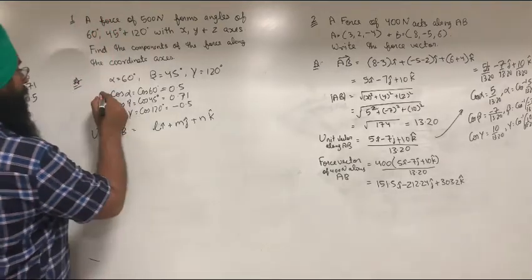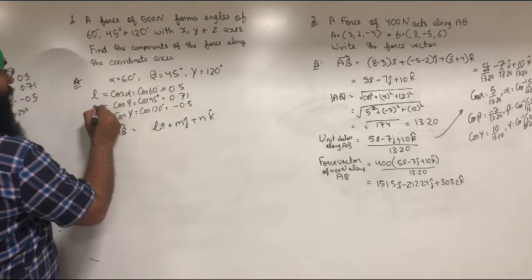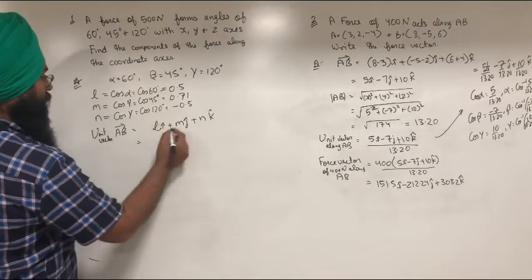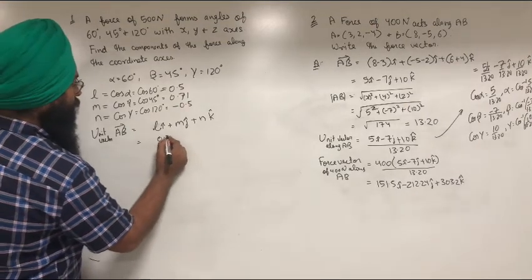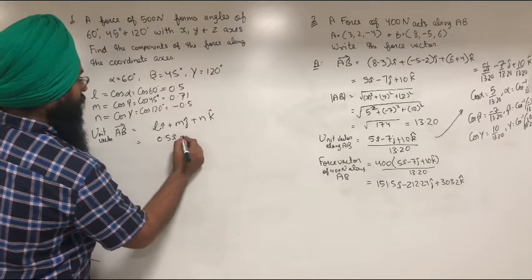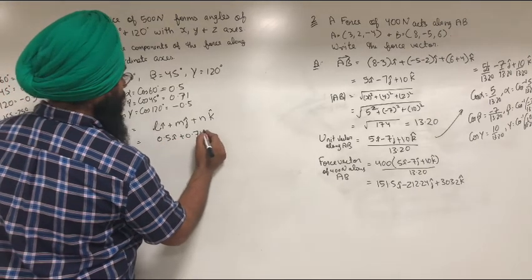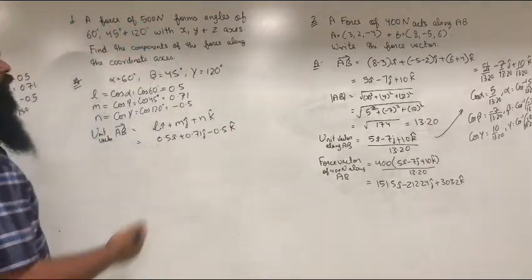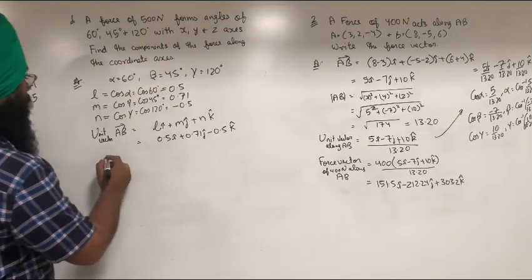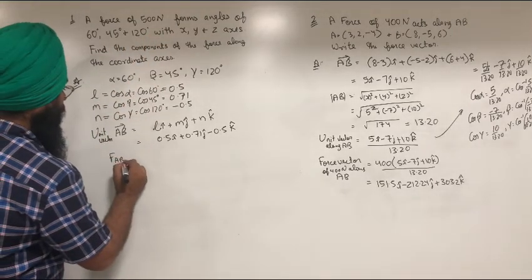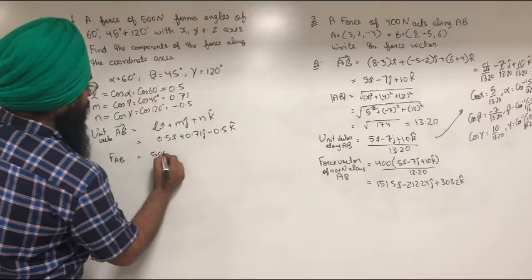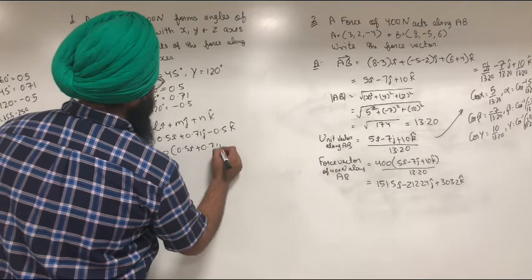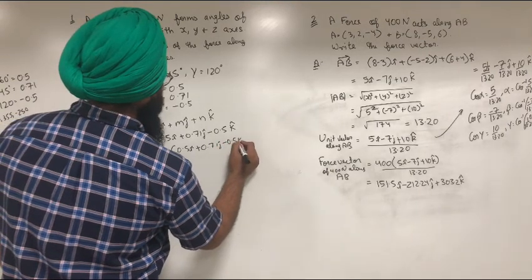So we can replace the values of L, M, N in this equation. We'll get the unit vector 0.5i plus 0.71j minus 0.5k. So once we have the unit vector, we can easily find the force along the vector AB. So that is 500 into (0.5i plus 0.71j minus 0.5k cap).